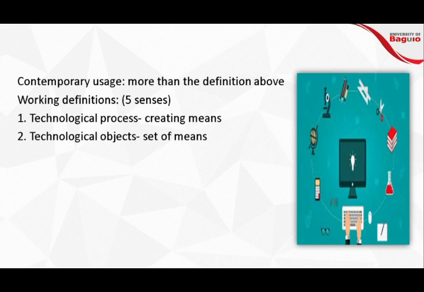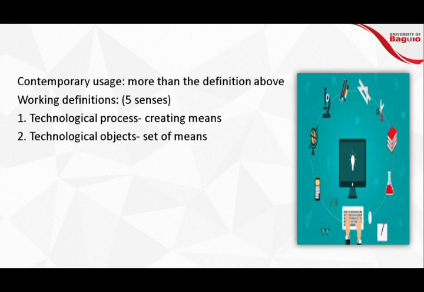And since it's a set of means, it was created by the technological process. Before, in technological process, we are only creating a means. But now, for technological objects, the process is done, we come up with this object, and it's already a set of means.